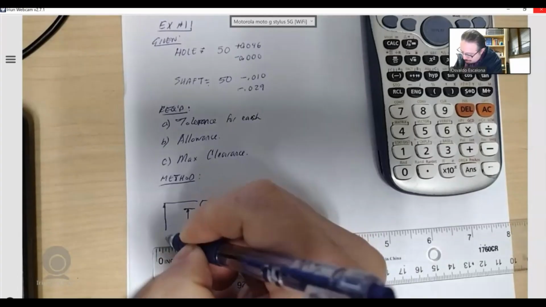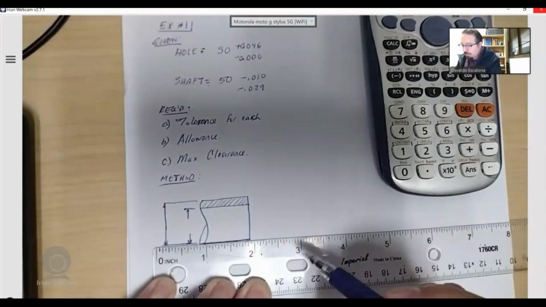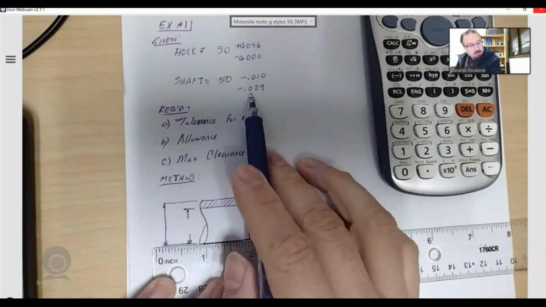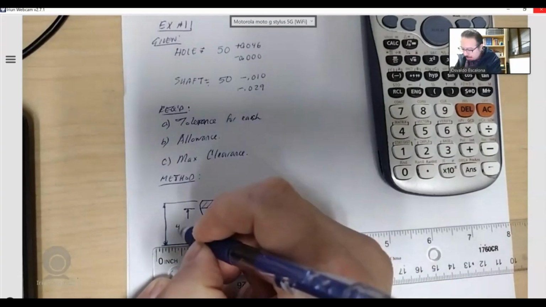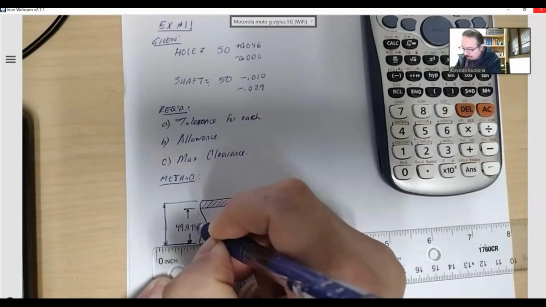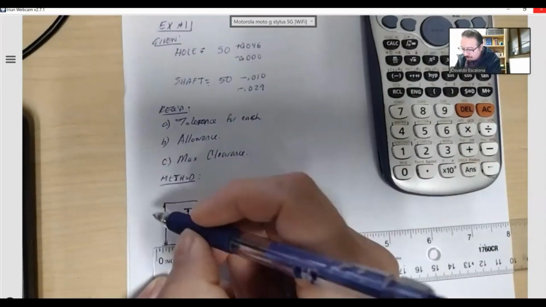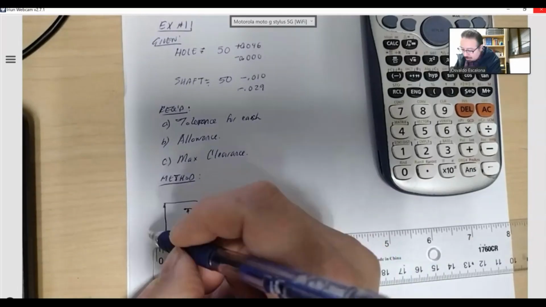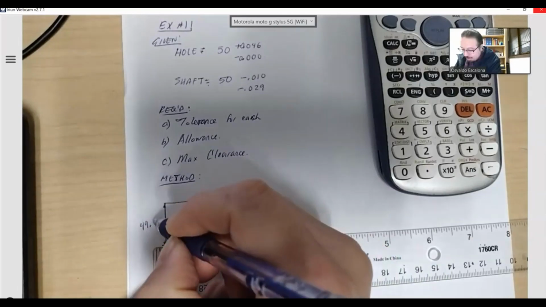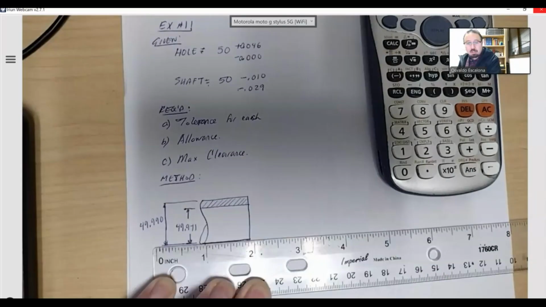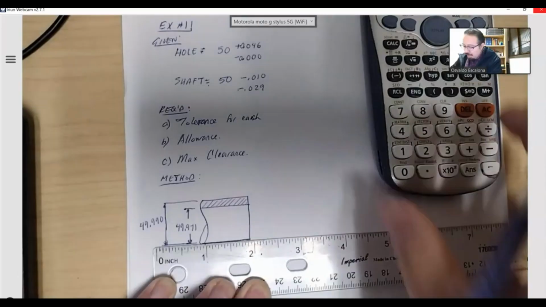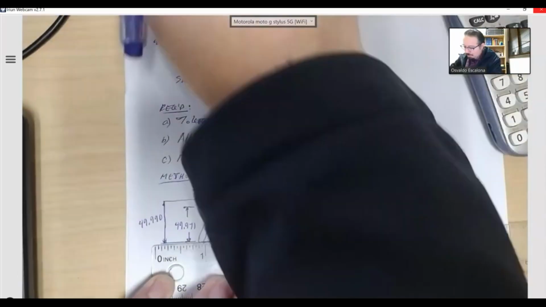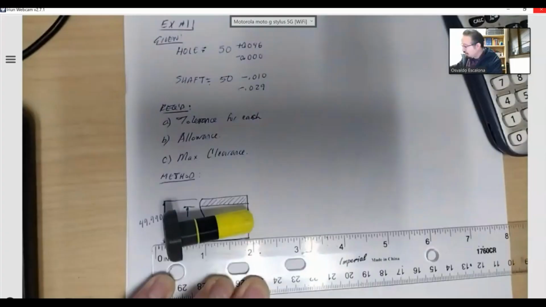Now, if you were to do 50 minus 0.029, you will get 49.971. And if you take 0.010 off the 50 millimeters, you will get 49.990.